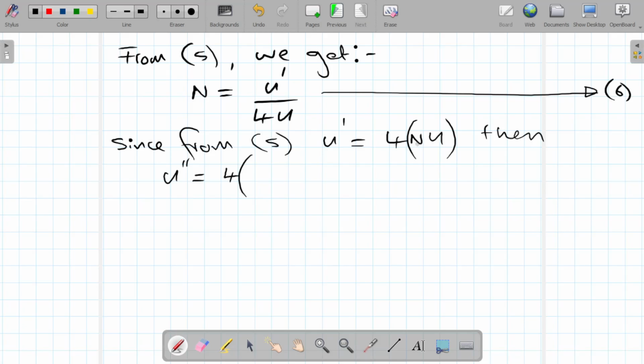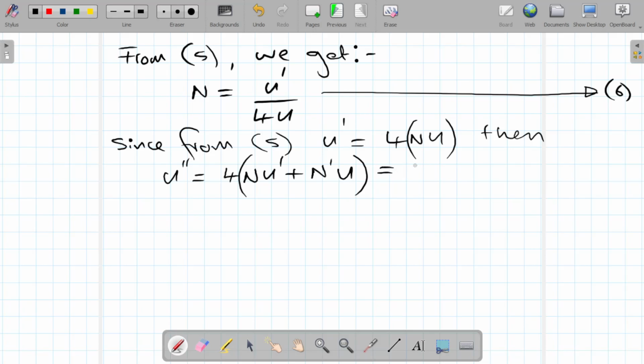Basically we use differentiation, what do we call it? We use a product rule. So we use a product rule to differentiate this. So we leave the n alone, and we differentiate the u, and then we differentiate the n, and we leave the u alone, okay?